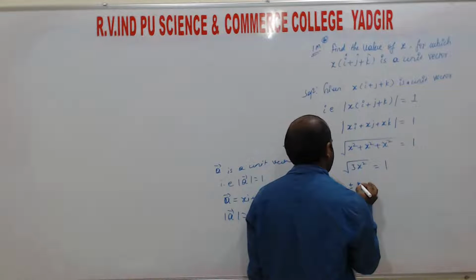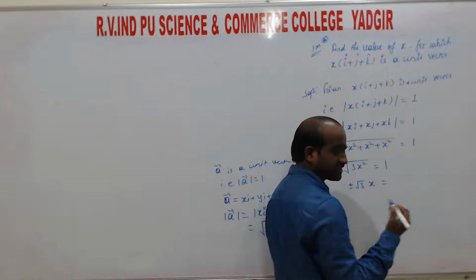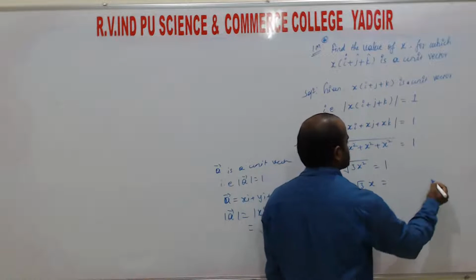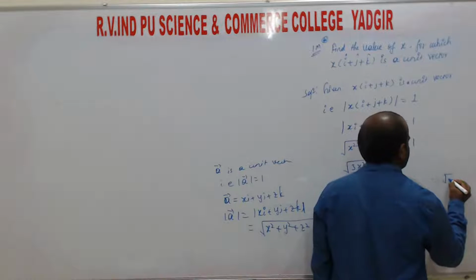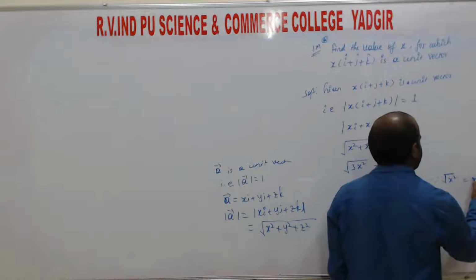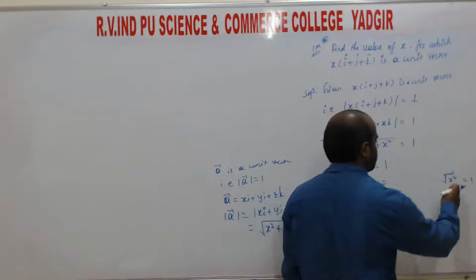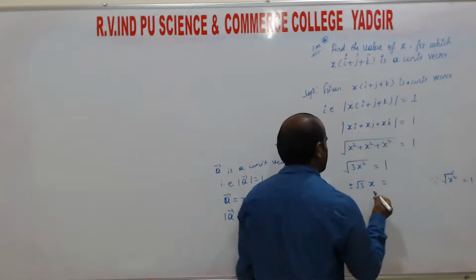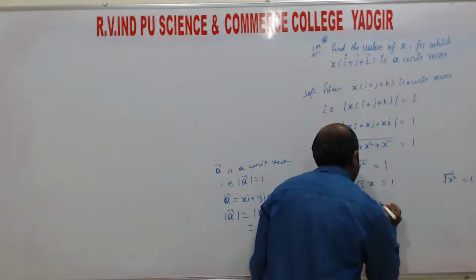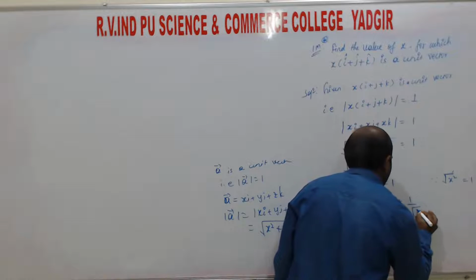Root 3 times root of x square. Root of x square is x; square root and square cancel. Now this implies x is equal to plus or minus 1 by root 3.